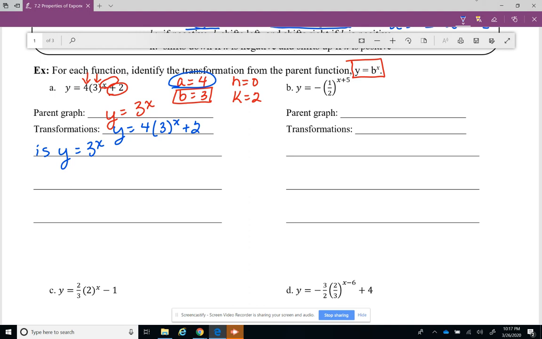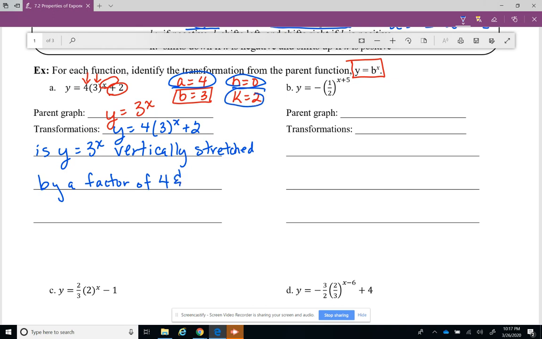So the parent graph is vertically stretched by a factor of 4. We don't have to say anything about h because it's 0. The next thing is to say something about k.